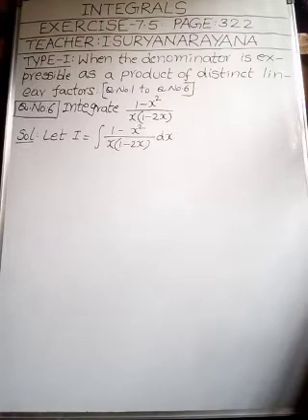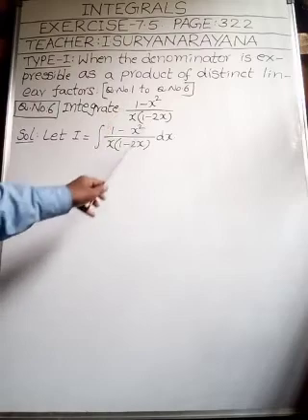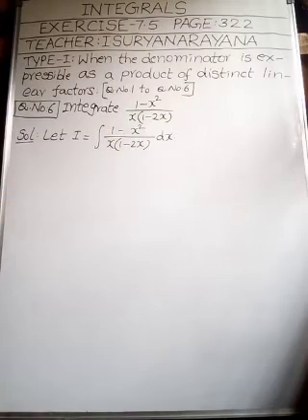First of all, we have to verify whether the given function is a proper rational function or not. First, we have to check that part. Otherwise, integration of rational functions by using partial fractions cannot be used for improper rational functions. That method is used only for proper rational functions.